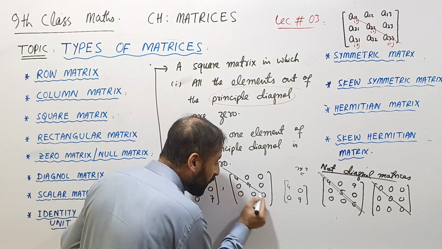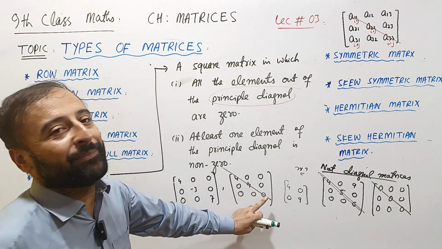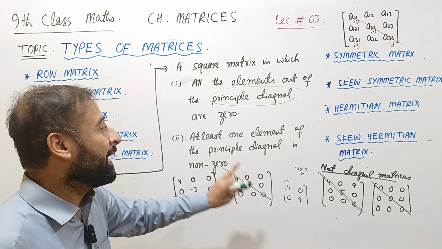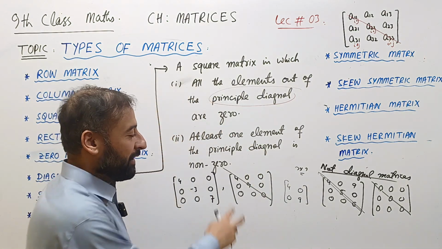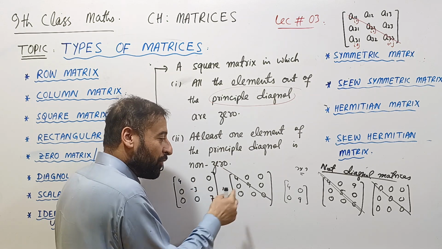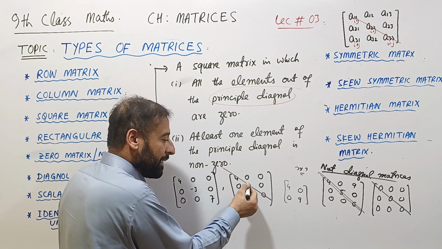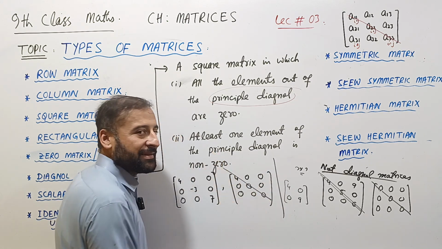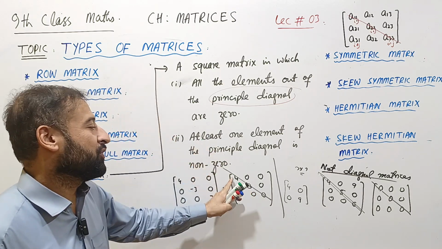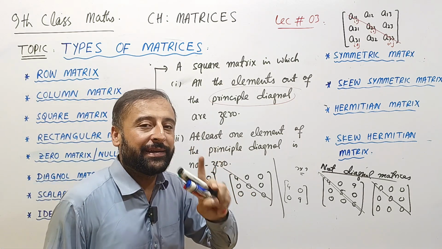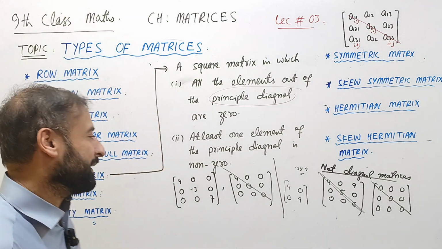I mean, you may have 0 in the principal diagonal. The condition is that at least one element is non-zero. Here we have 2 non-zero elements. Even this is a diagonal matrix. 2 are 0, but 1 is non-zero, and the condition is that we should have at least one non-zero element in the principal diagonal.